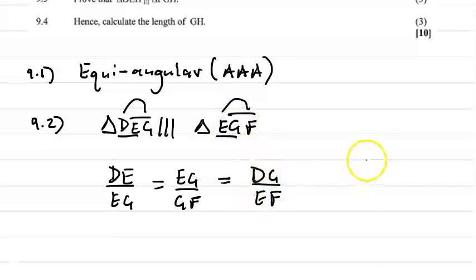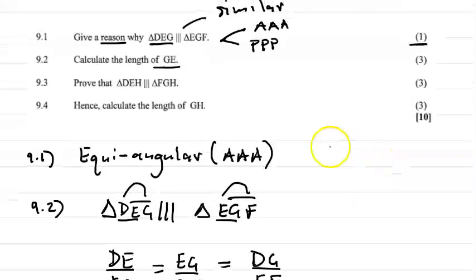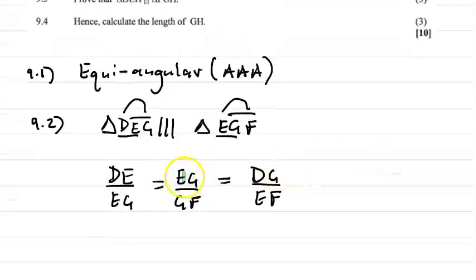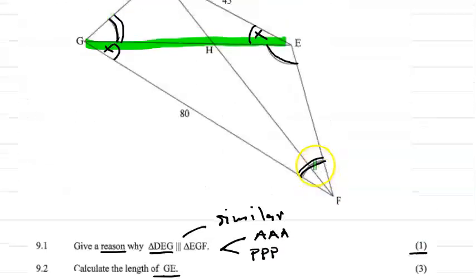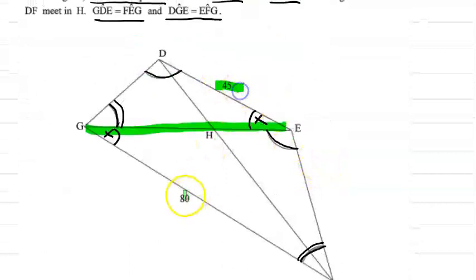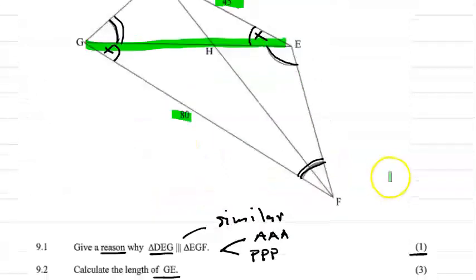Now let's determine which sides are given and which side we need to find. Well, we need to determine the length of GE. Therefore, GE has to be a part. So EG, GE, so it's here and here. So we've got EG. And what do you notice? DE and GF are given to us. So the lengths of those sides are given.